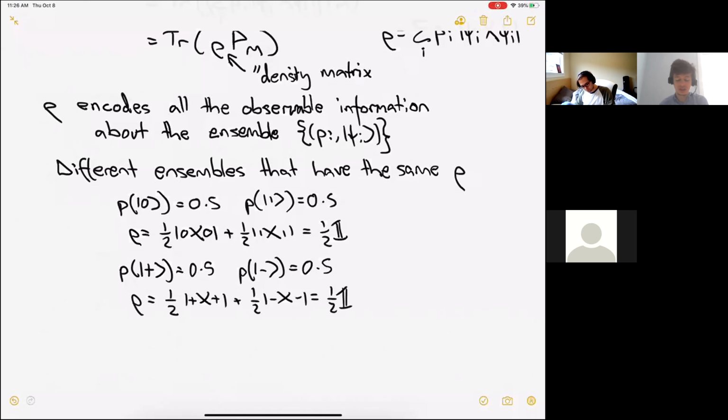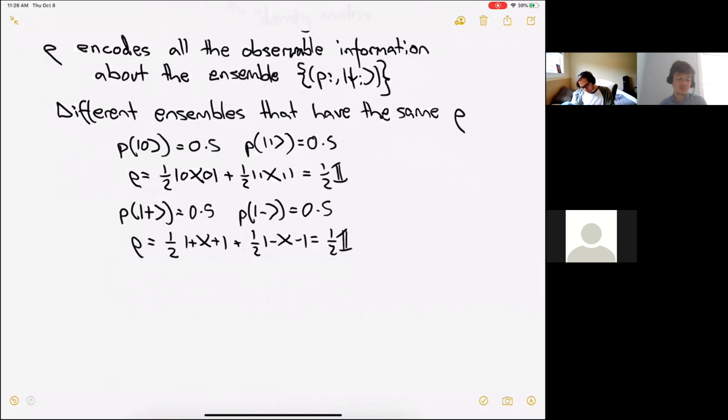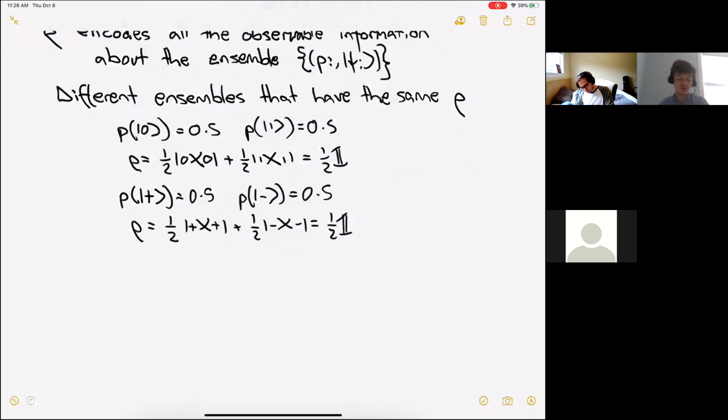But this is not something special to the fact that it's the identity. We could also have more complicated distributions where you have a quarter probability of being 0, a quarter of being 1, a quarter of being plus, a quarter of being minus. Again, the density matrix is the same. In general, for any non-trivial density matrix, there'll be infinitely many possible ensembles that all give the same density matrix.